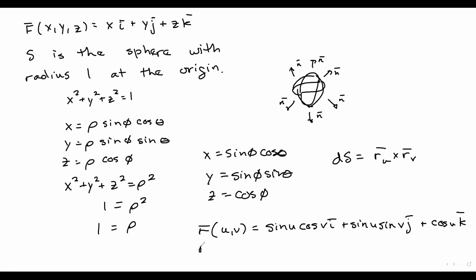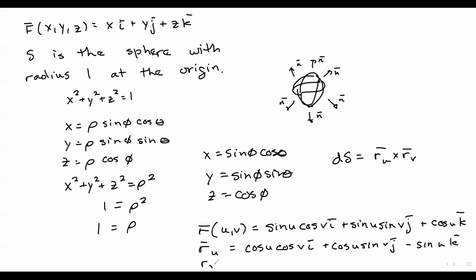And so here we're going to do r_u. That's going to be cosine u cosine v i plus cosine u sine v j minus sine u k.